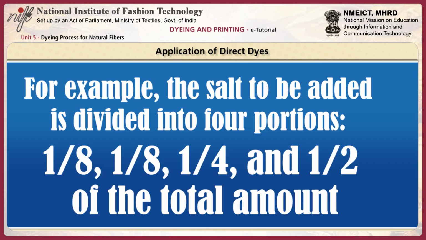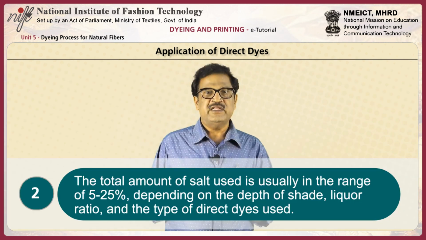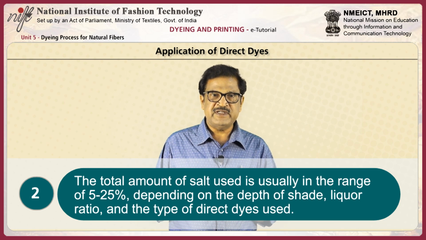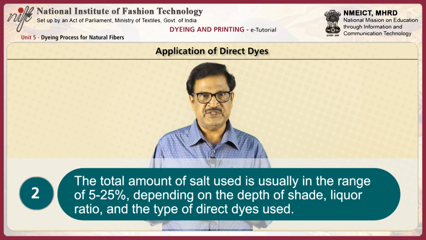For example, the salt to be added is divided into 4 portions: 1/8, 1/8, 1/4 and half of the total amount. The total amount of salt is usually in the range of 5 to 25 grams, depending on the depth of shade, liquor ratio and the type of direct dyes that are used.